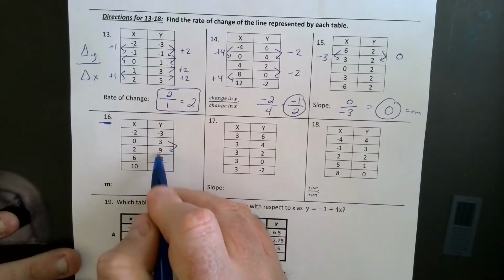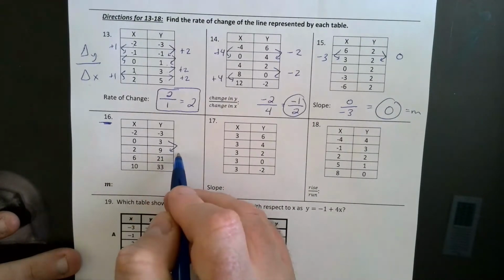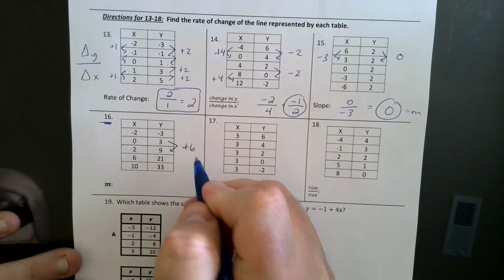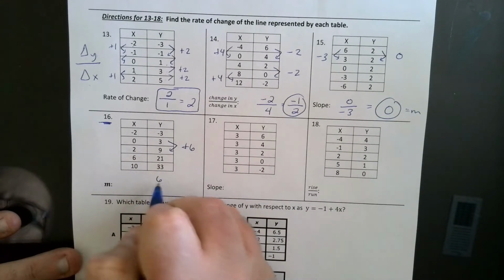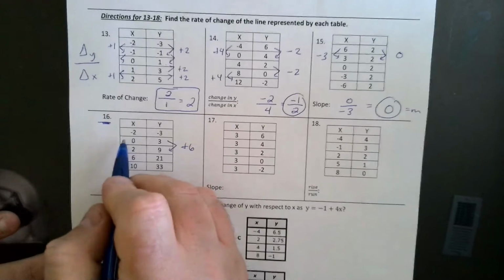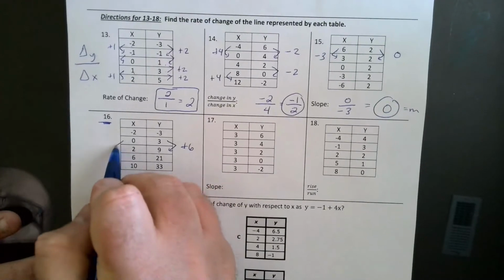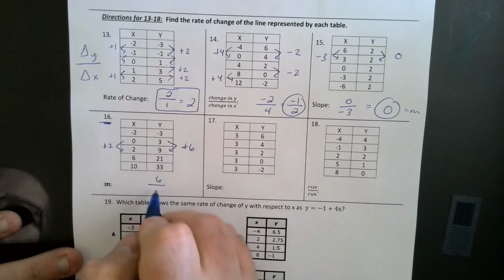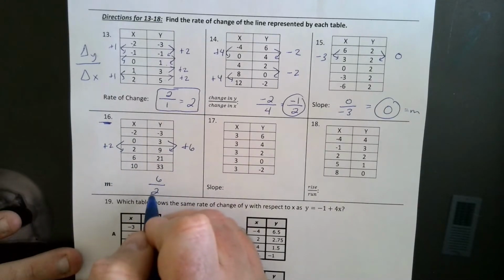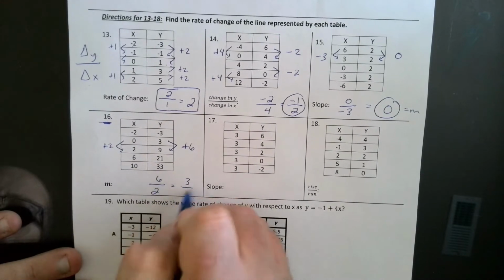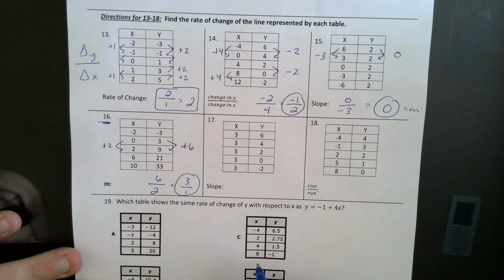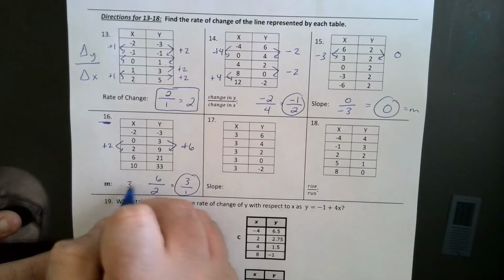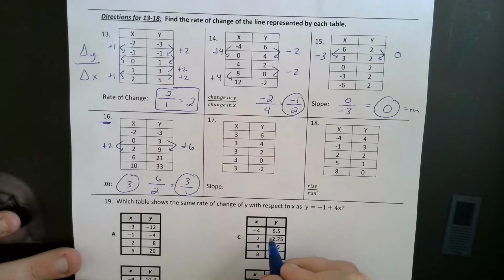If I'm going from 3 to 9, I'm increasing and I'm adding how much? Adding 6. So 6 over, and then what's our change in the x spot? I went from 0 to 2, I added 2. So my slope is 6 over 2, which does reduce to 3 over 1. Or you could just really say just 3. Okay?